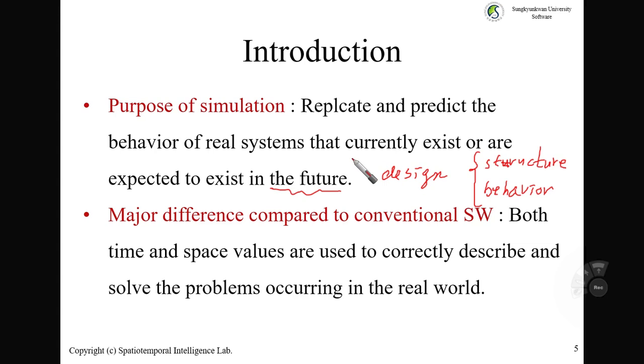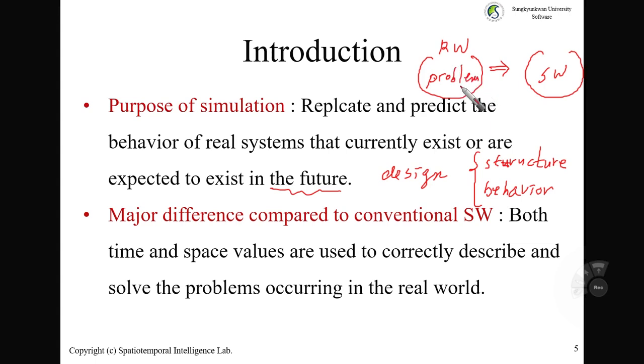Because what we are doing with simulation models is that we are building, if this is the real world, the real world target system copied by the software. This is software and this is the target system. Let's call this the problem at hand.